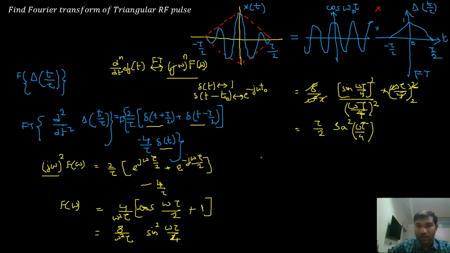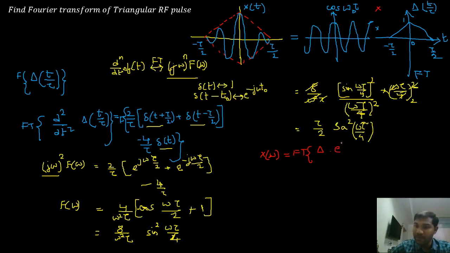So my x of omega is equal to the Fourier transform of, right? The triangular function. Here I'll just represent the triangular function with a triangle, and in place of cos omega naught t I'll write e power j omega naught t plus e power minus j omega naught t by 2.